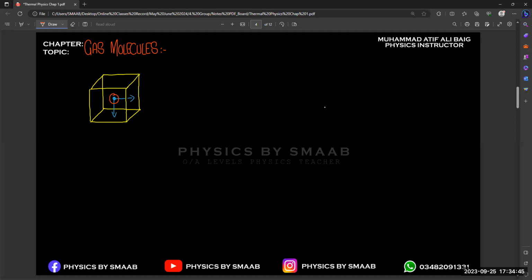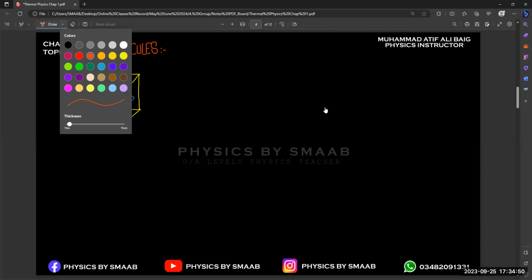Because it is moving randomly, it will collide with the wall of the container in any direction with any angle.